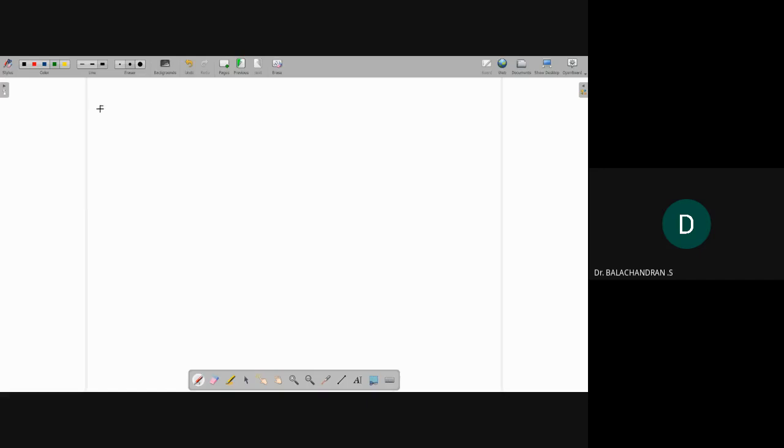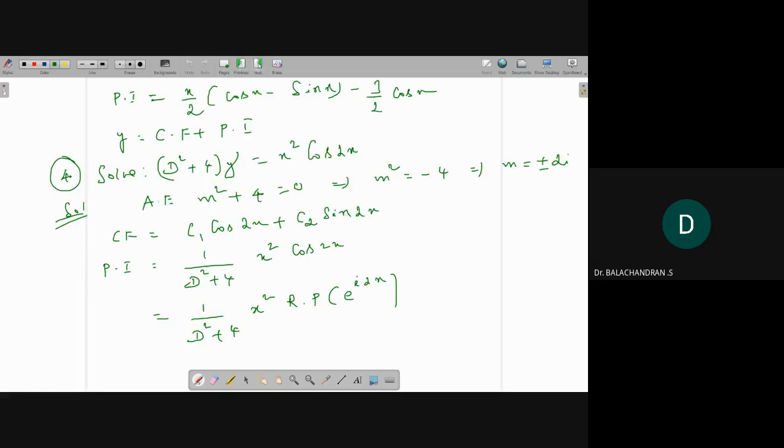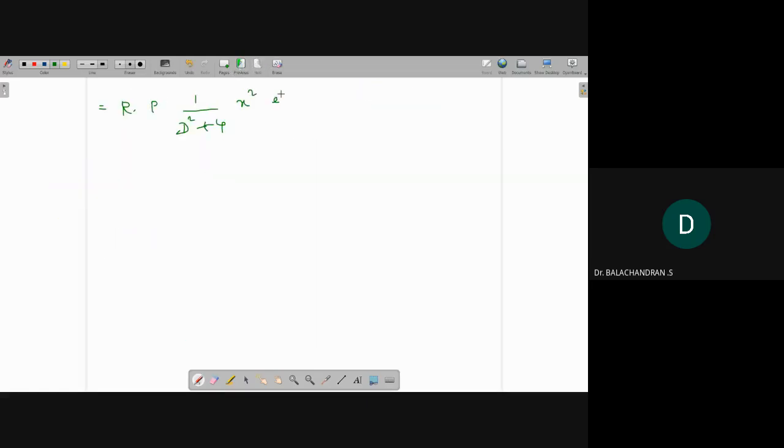So this is equal to the real part of 1 by D square plus 4 into x square into e power i2x. The next step, actually this is type number 4. You know that the real part of e power i2x, 1 by, instead of D you replace D plus 2i, (D plus i2) whole square plus 4, into x square.